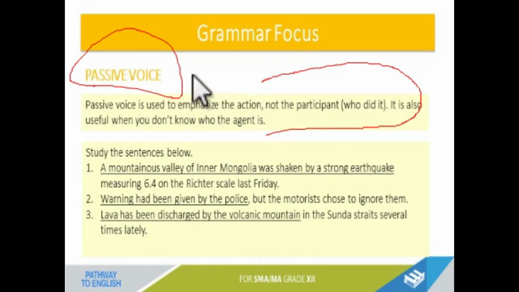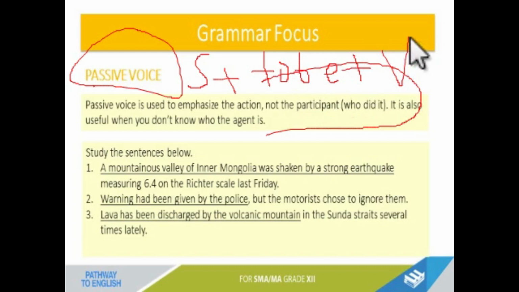I think you already know the formula. The formula is: after the subject, you must put to be plus verb 3 and then the object. So this is the passive voice formula for all tenses.